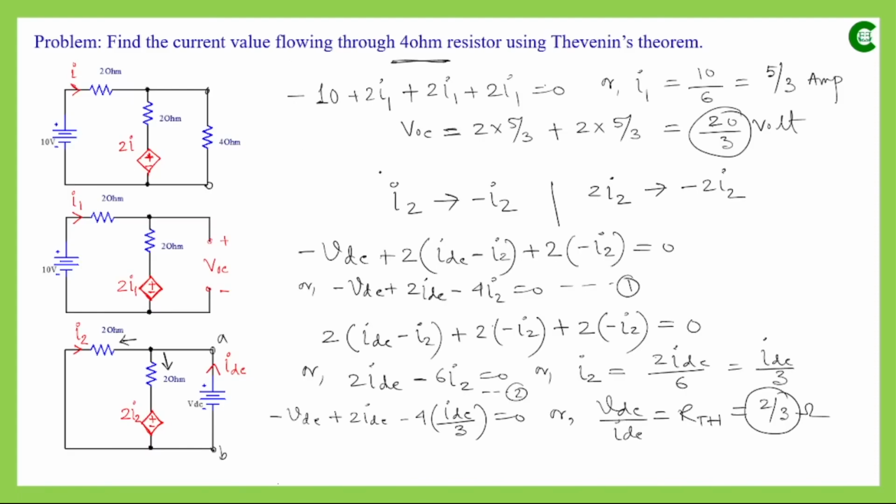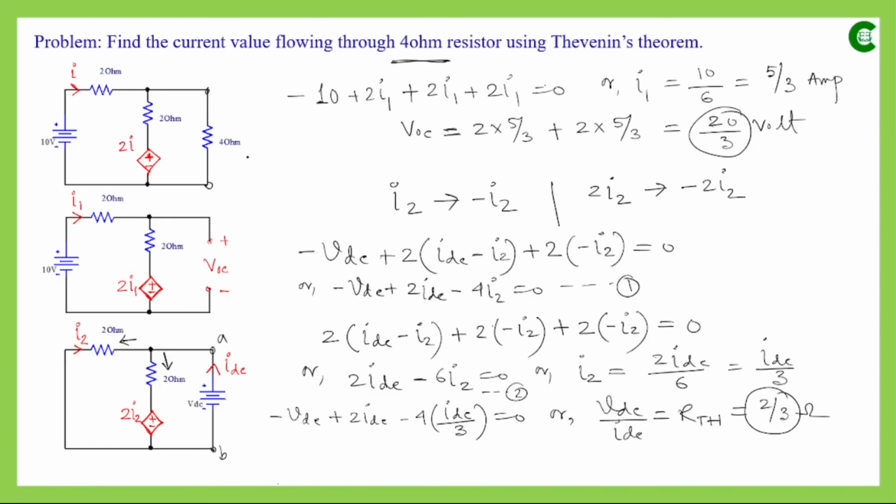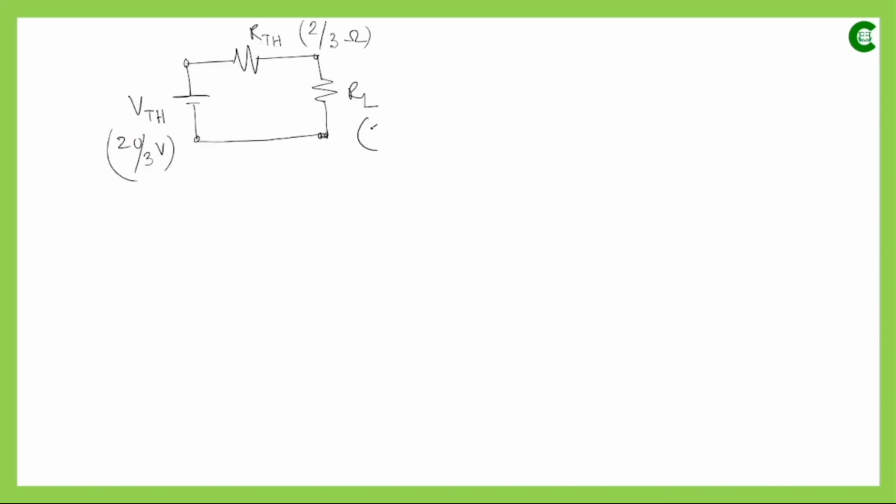And by using the second method, we already obtained Thevenin's equivalent resistance, and that value is 2 by 3 ohm. And the value of the load resistor that we disconnected in the first step, the resistor through which we want to find the current, is 4 ohm.